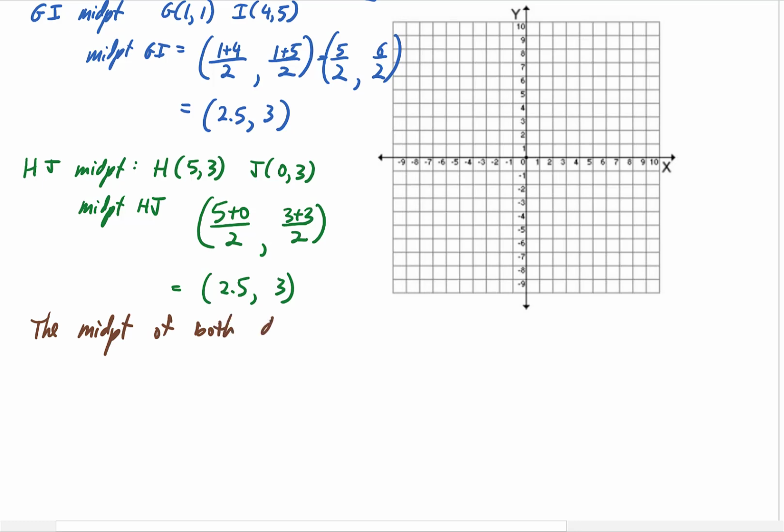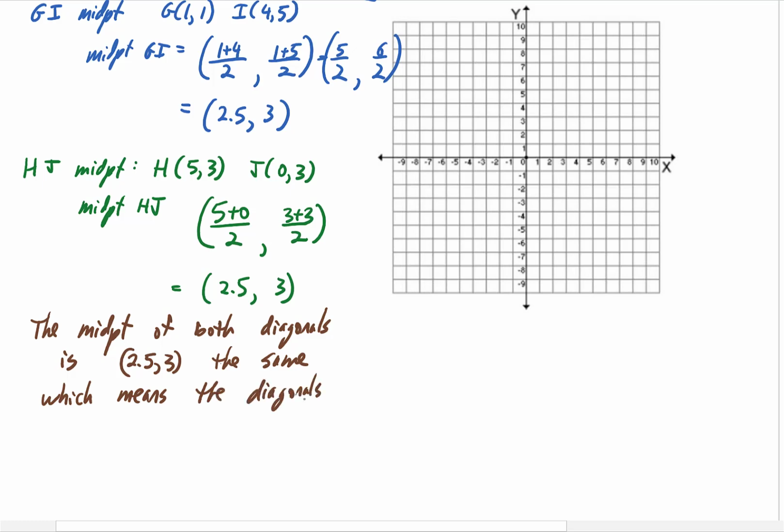Okay, so the midpoints of both diagonals is 2.5, 3. The same, which means the diagonals bisect each other.